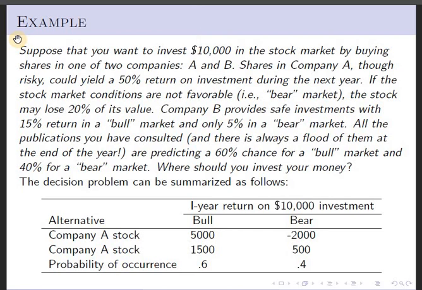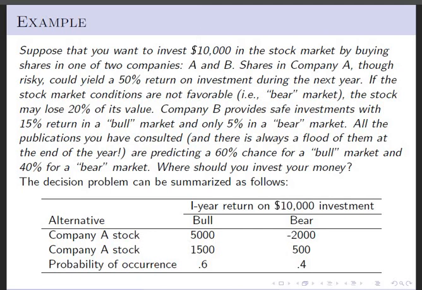Otherwise, it may lose 20% of its value. Company B provides a safe investment with 15% return in favorable condition and 5% in unfavorable condition.